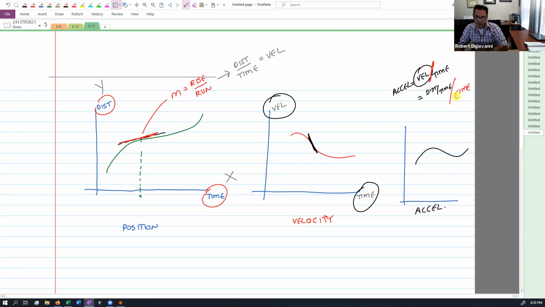So there's velocity divided by time. And so you wind up getting time squared because it's a fraction over a fraction. You can multiply by the reciprocal. So you get distance over time squared, which is meters per second per second. Okay. Position function, take derivative, you got velocity, take derivative of velocity, you got acceleration.